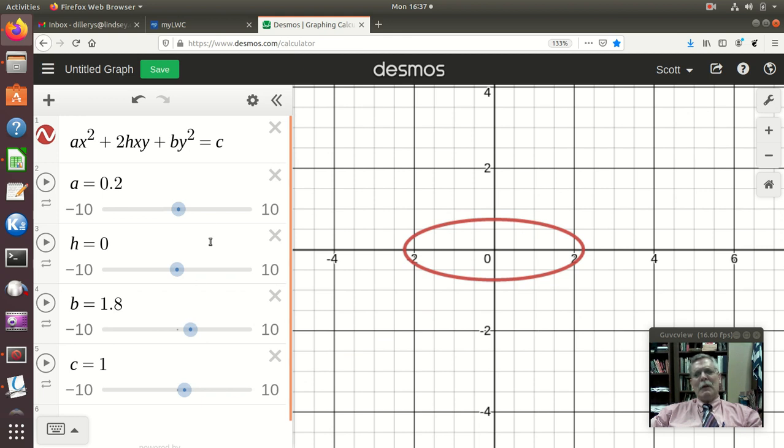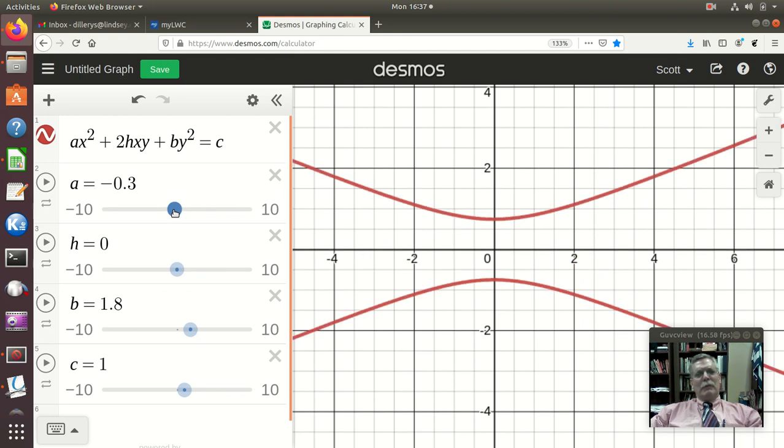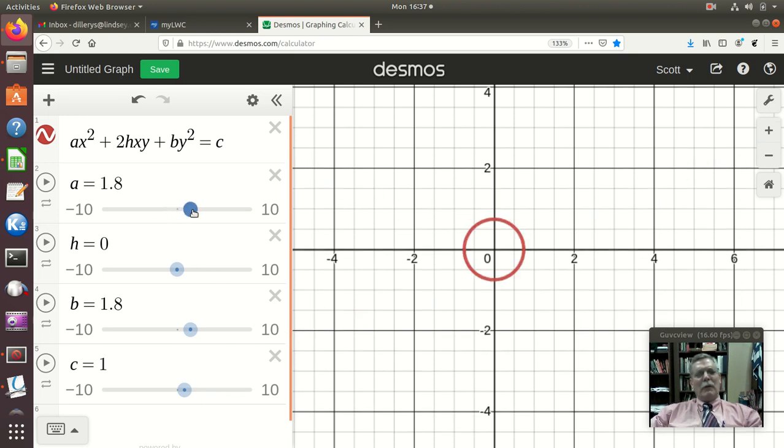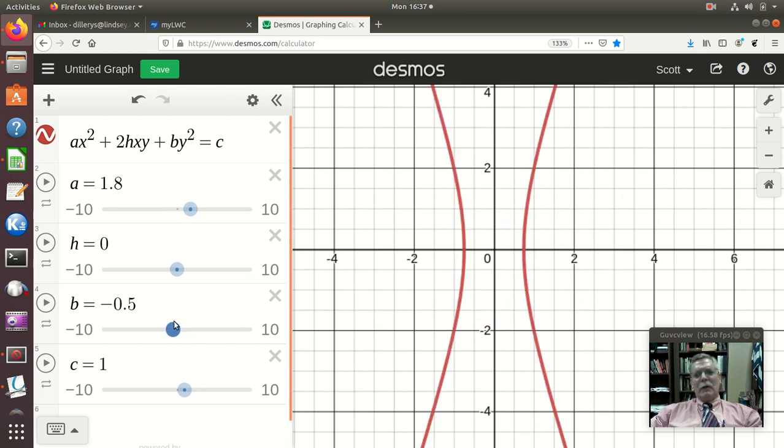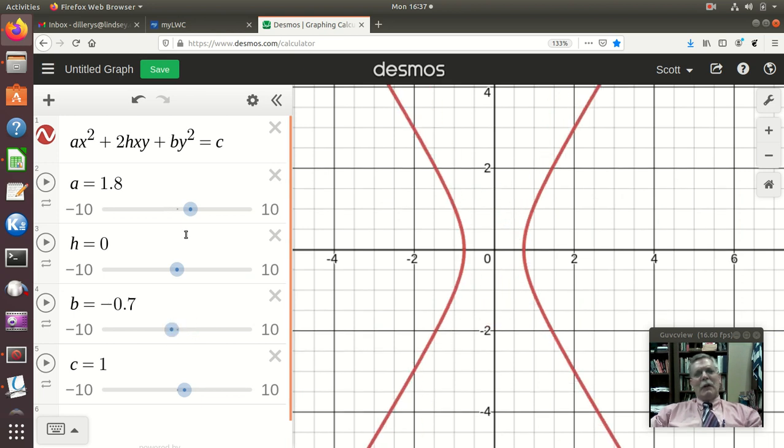And if I all of a sudden make a negative, then we get this hyperbola, and we can get it going the other direction by making a positive and b negative, like that. So we can get these various shapes. If I make b 0 and start messing with h, we can get parabolas and that sort of thing. So those are the figures. These are all conic sections that we're getting out of this equation.